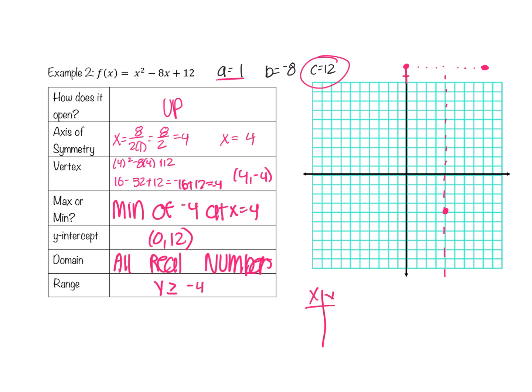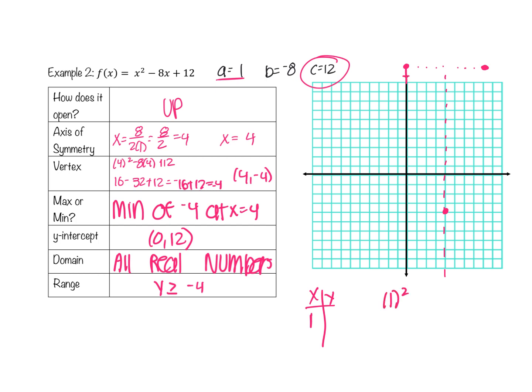I can then plug in another number. Let's plug in 1 again. It really doesn't matter what numbers you plug in. I would just suggest plugging in numbers that are around your vertex.